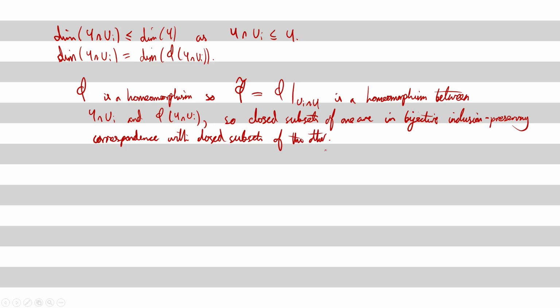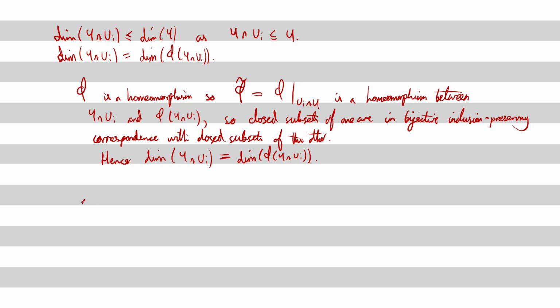So, as dimension is defined in terms of chains of descending closed subsets, the dimensions are equal. Hence, the dimension of Y intersect U_i is equal to the dimension of phi of Y intersect U_i.